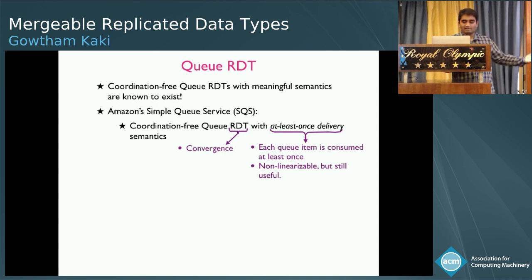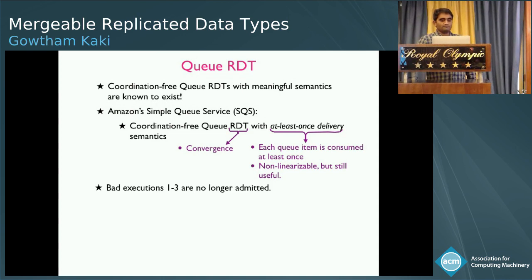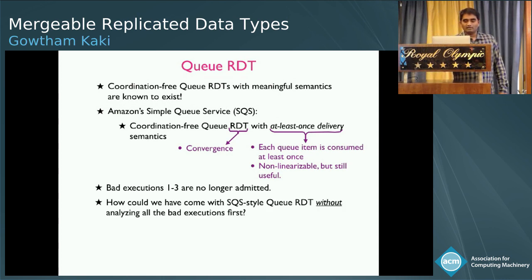It doesn't guarantee linearizability or even a semblance of linearizability, but it is still a useful semantics. Right. So it's in fact adopted widely, and the at least once delivery semantics has in fact been proven to be useful. But this looks all non-standard. So bad executions 1 and 2 in fact are no longer admitted.